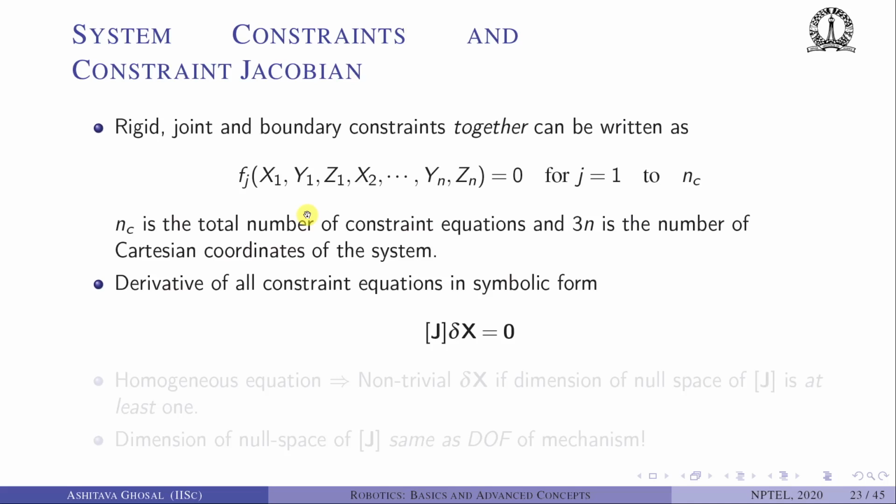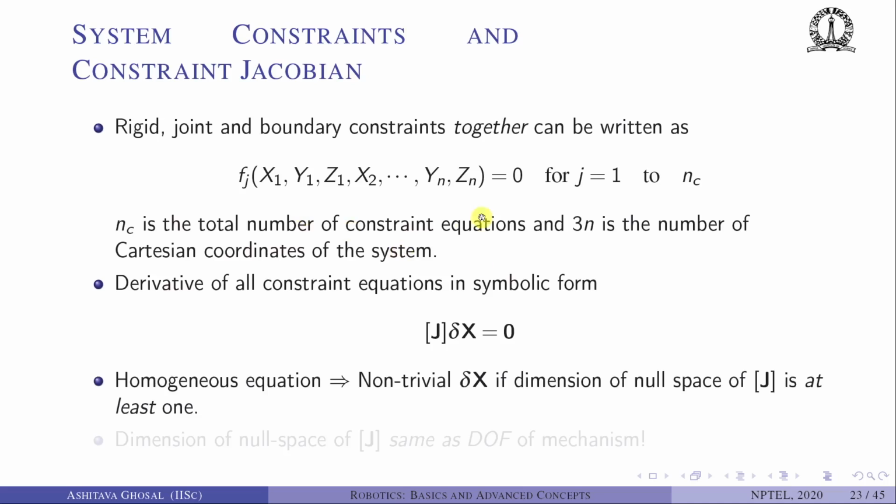So this is a homogeneous equation. It is of the form A into x equals 0. So this will have any non-trivial solution only if the null space of this J matrix is at least 1.